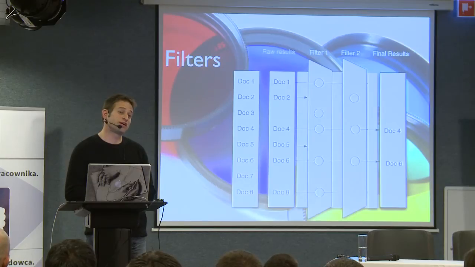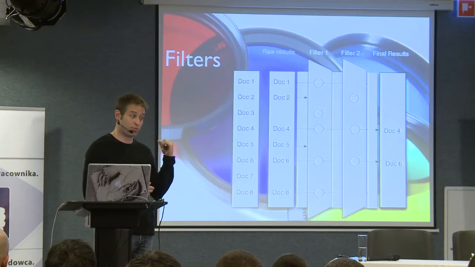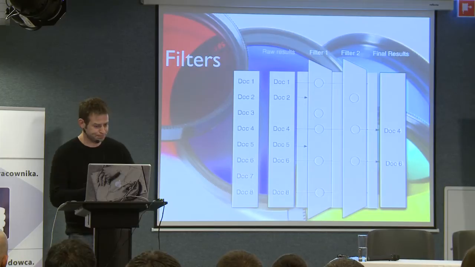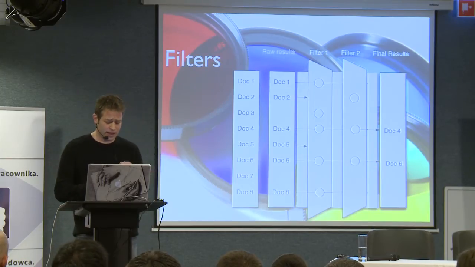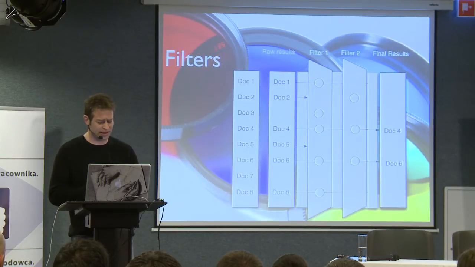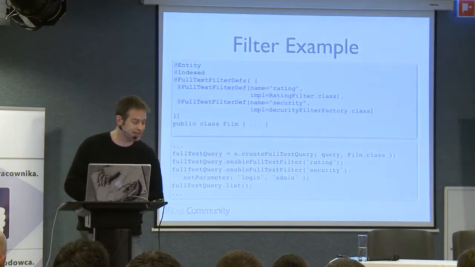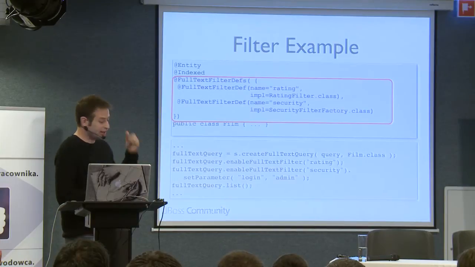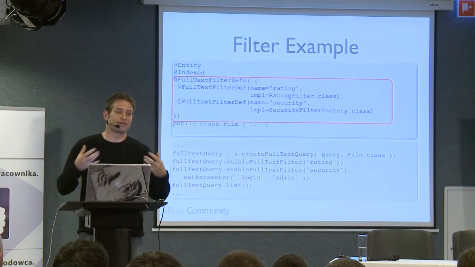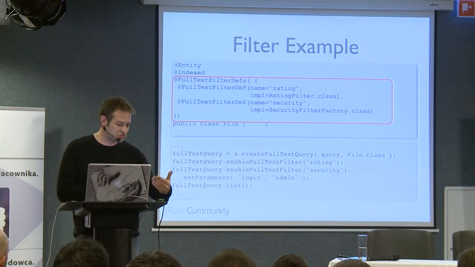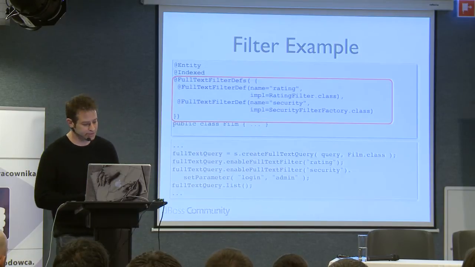One reason to do that is performance. Filters are very performant compared to the actual search. And then depending on the use case, filters are easier to use, or they make a little bit more sense. Let's take an example. Again, the same principle: we use annotations to make it easy to configure these filters.